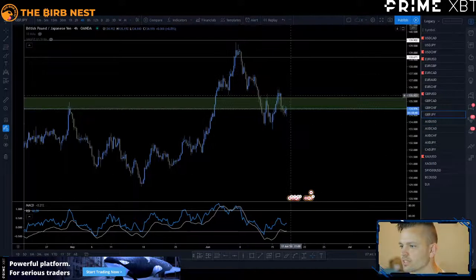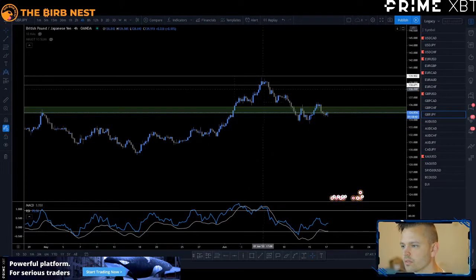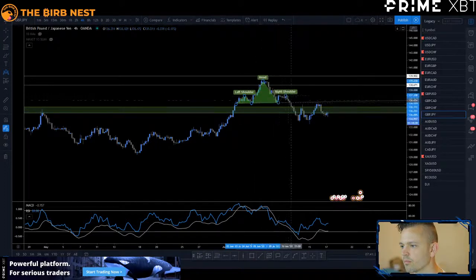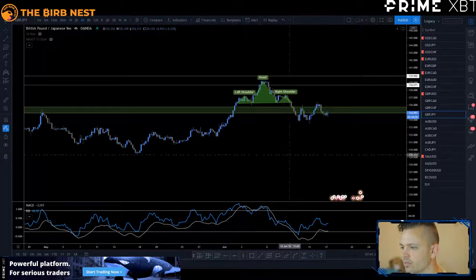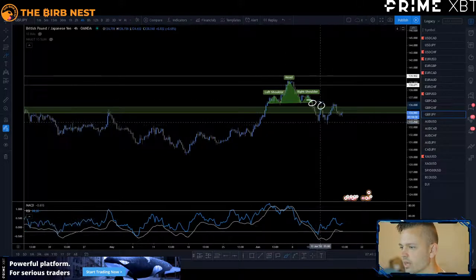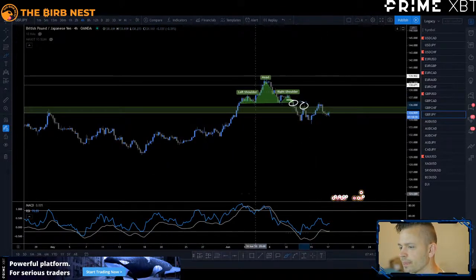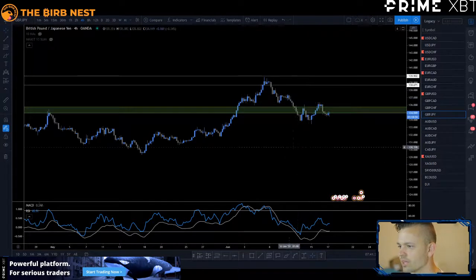Also notice this very clear head and shoulders pattern-ish here, right? And you have the breakdown, you have the retest of the breakdown area, and actually, you know what? Let's see how this would actually turn out as an actual short setup.